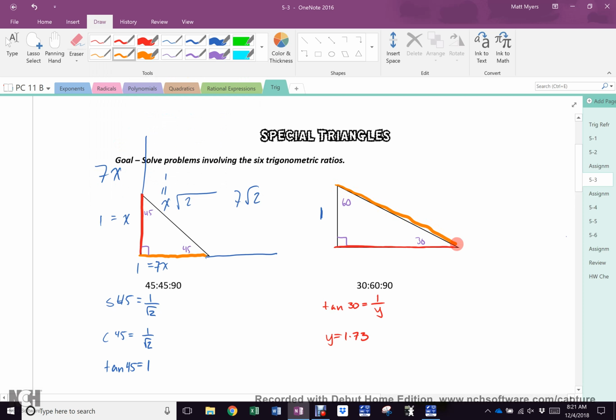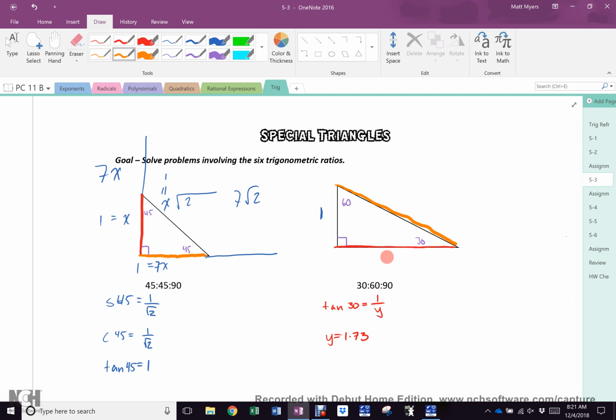What else could you do? You could use sine because you have 1. What else could you do? You could do cosine because now you know this side. You could do sine of 60. You could do cosine of 60.